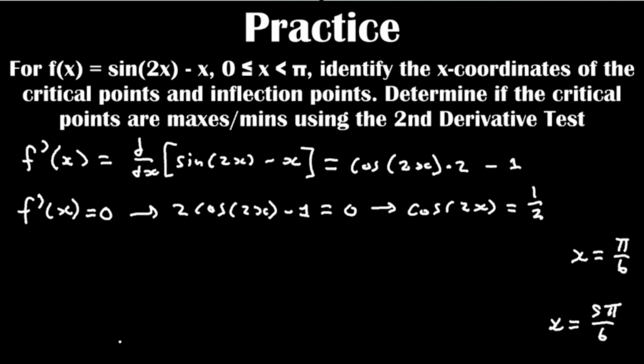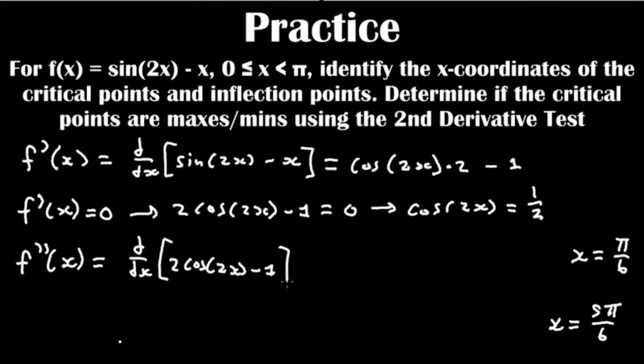Now, to find our inflection points, we need to find where our second derivative changes signs. So let's find our second derivative. F double prime of x is just the derivative of f prime of x, which is 2 cosine of 2x minus 1. This minus 1 will just go away when we differentiate it. Now, we can just pull this constant out.